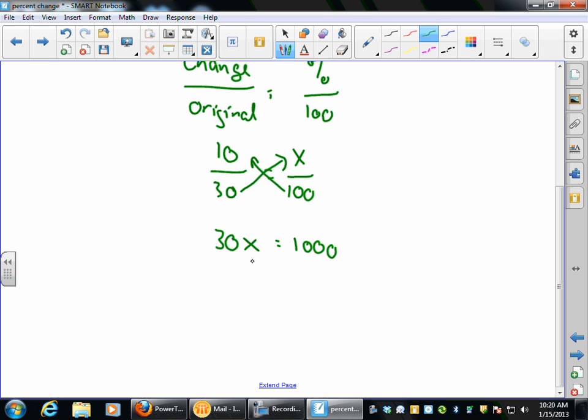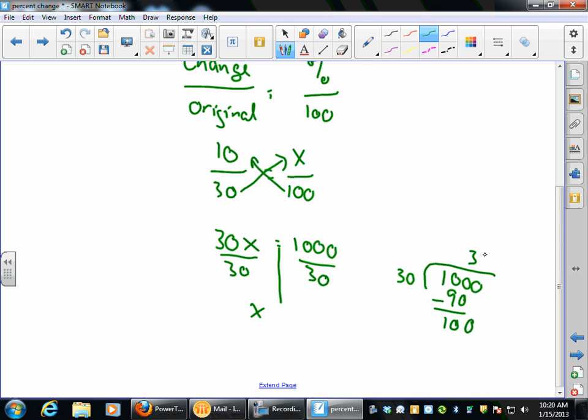And in a proportion, those things have to be equal, so I can figure out what x is. This is just a one-step equation. I can divide by 30. If I divide 1,000 by 30, 30 goes into 100 3 times, gives me 90, gives me 10, bring down the 0, it's 100 again, so it'll go in 3 times again. I can add a decimal, it's 100 again, and you can see I'm going to keep getting these 3s and 100 every time.